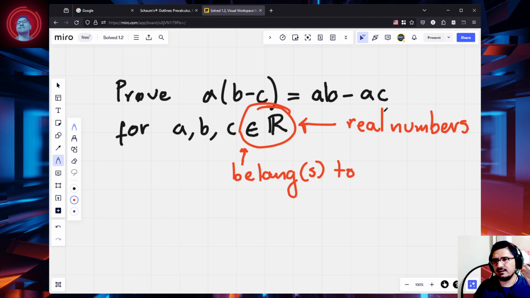For me, it's important that you know this kind of notation because in most of the quizzes and tests that you will take for the university, it's very likely that you will see this kind of symbol. So it's necessary that you know about these symbols.